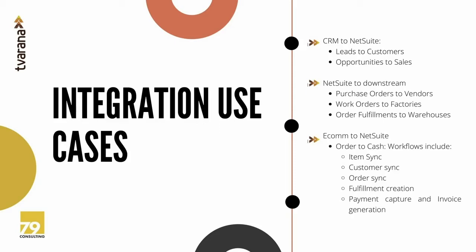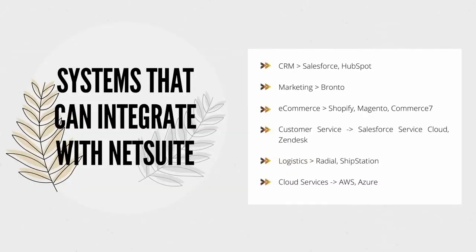Shanti, can you tell us about the different systems that we can integrate NetSuite with? Yeah, Tina. So NetSuite can integrate with any system that has an API or web service enabled. Of course, it should be the system you're already using. Most common systems in the CRM space are Salesforce and HubSpot. Marketing space would be Salesforce Marketing Cloud and Pronto.